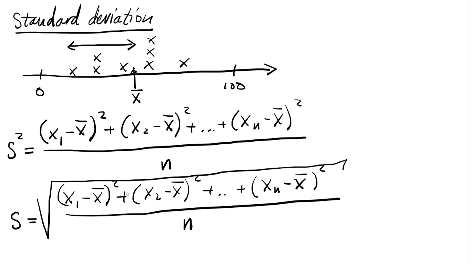So the intuitive idea here is, if you first square the distance and then take the square root, you will get something similar to the distance.